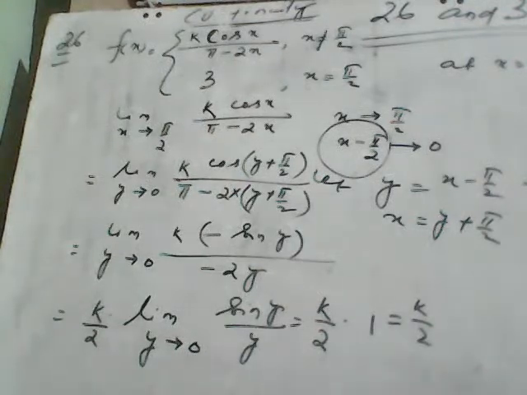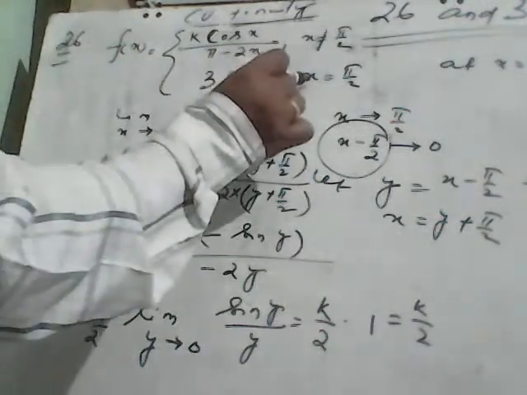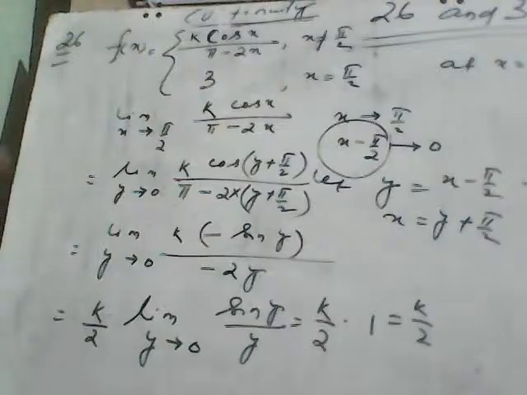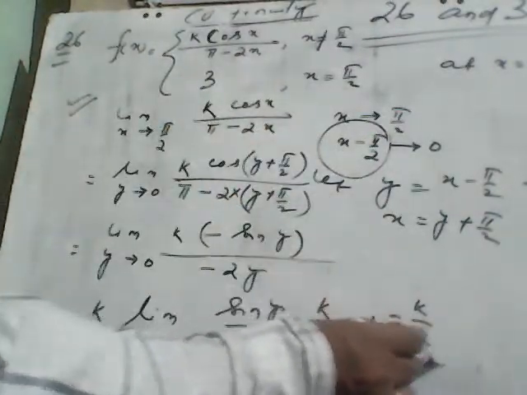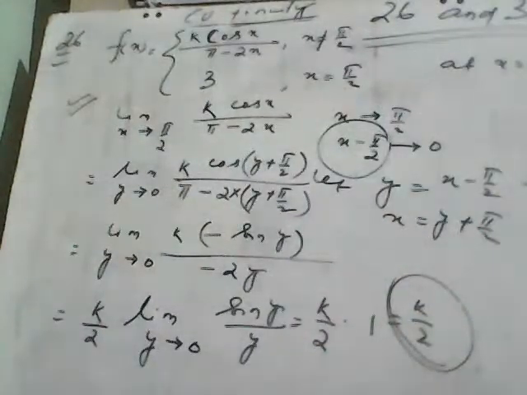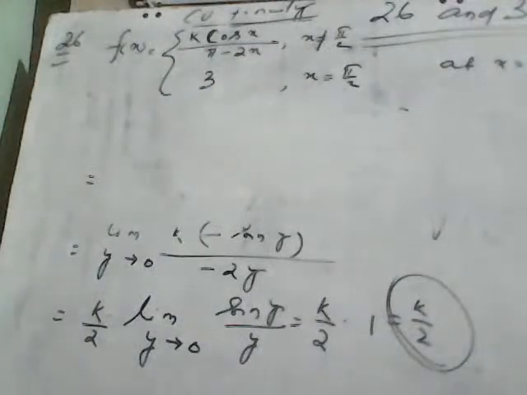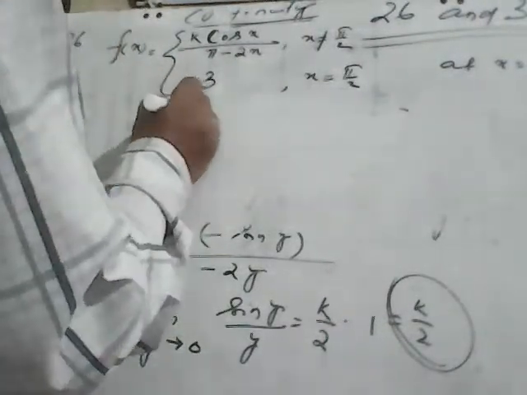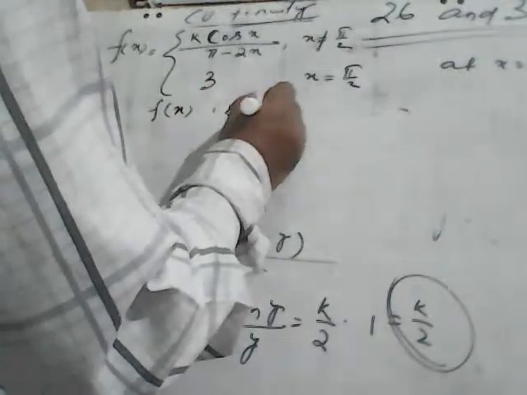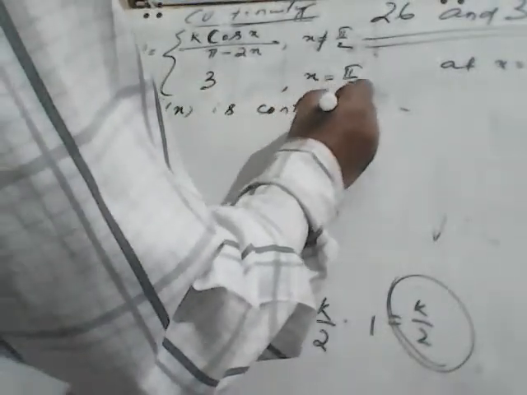Then what is the functional value? When x is pi by 2, f(x) is 3. As the function is continuous, this limiting value is equal to the value of the function. So f(x) is continuous at x equal to pi by 2.